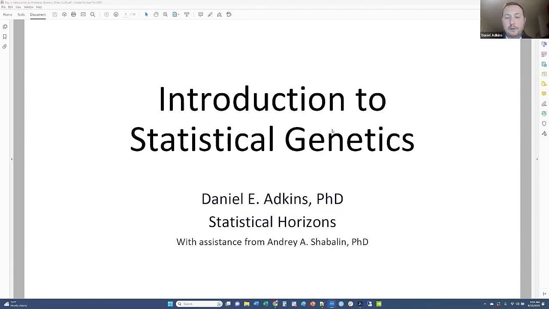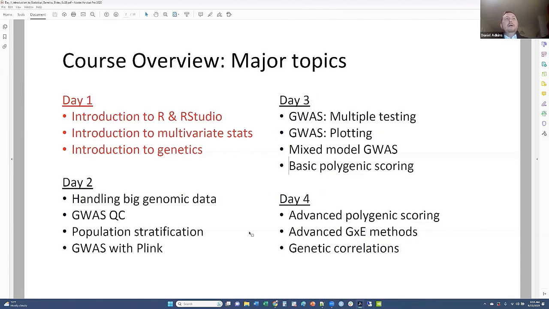Those are the broad outlines of the class. It's a 4-day course. As you know, today is day 1. We're just getting started today. We are going to first look at the computing environment that we're going to be working in. We're going to be using Microsoft Remote Desktop to access a virtual machine that we're running on a server, in a Linux OS.